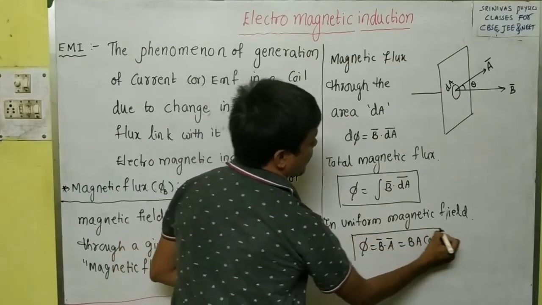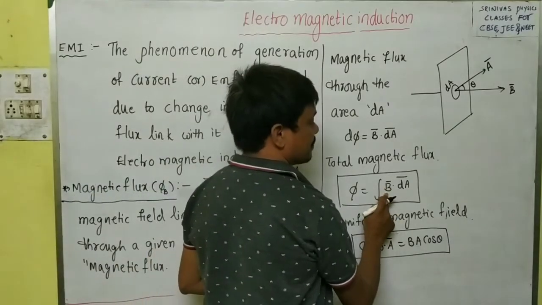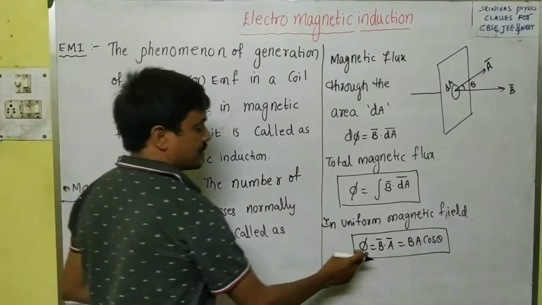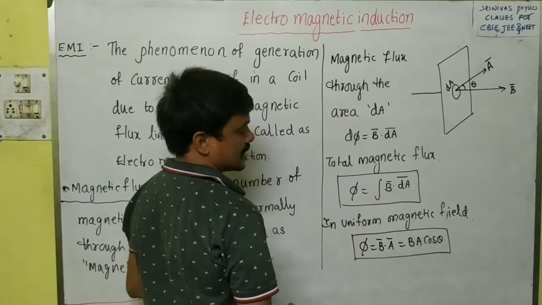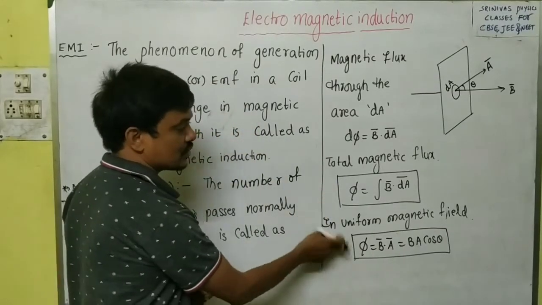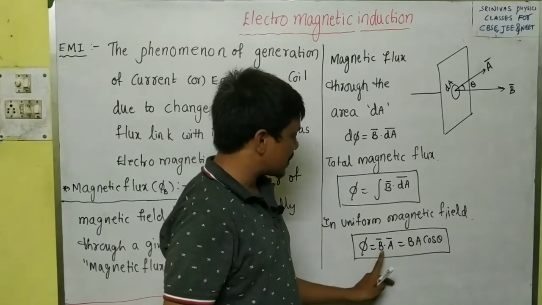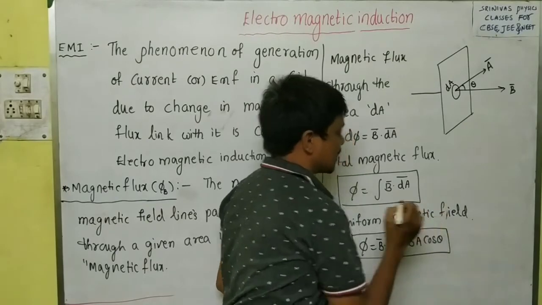This is in a uniform magnetic field. There are two formulas: one is for variable B, and the other is for constant B.